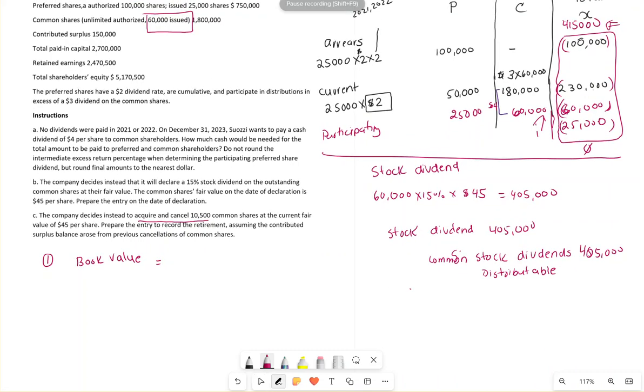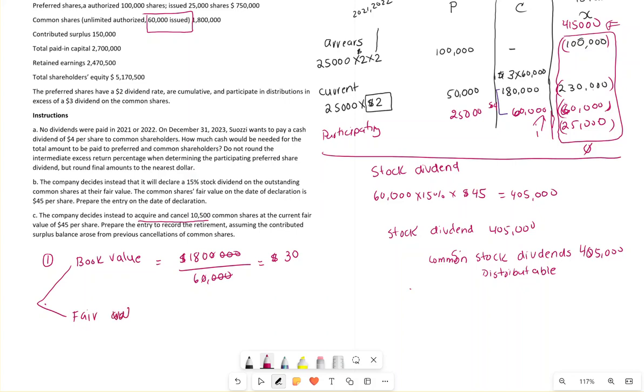The value of your common shares is 8 million. How many shares are issued or outstanding? 60,000. The book value will be, in this case, $30 per share. So that's the book value. And what is the fair value of your shares?